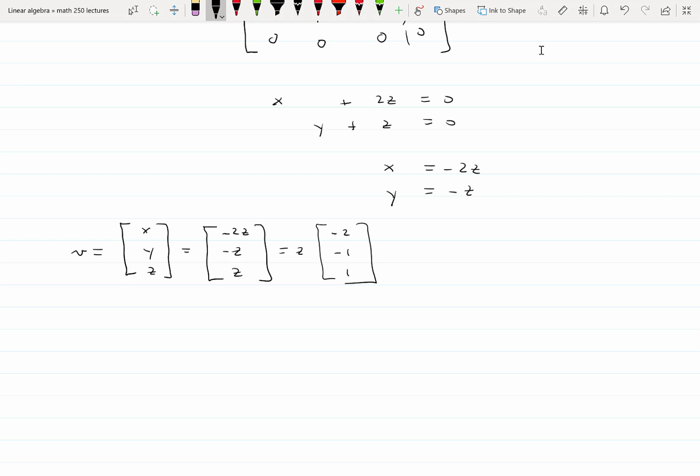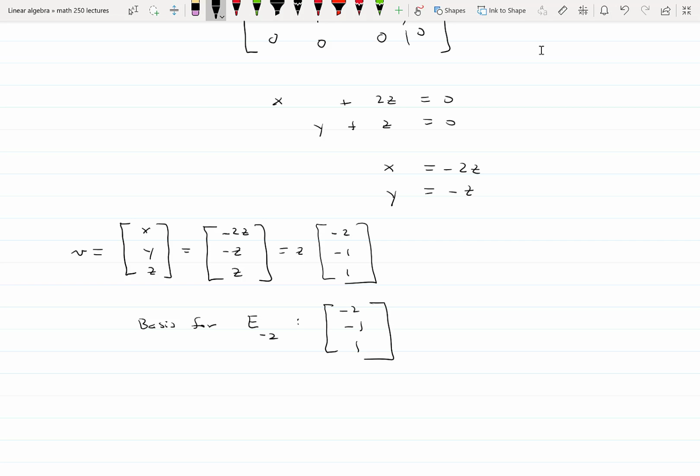Okay, so the basis for the eigenspace corresponding to the eigenvalue negative 2, E sub negative 2, is simply the vector negative 2, negative 1, 1. Any non-zero multiple of this one column vector is going to be an eigenvector.